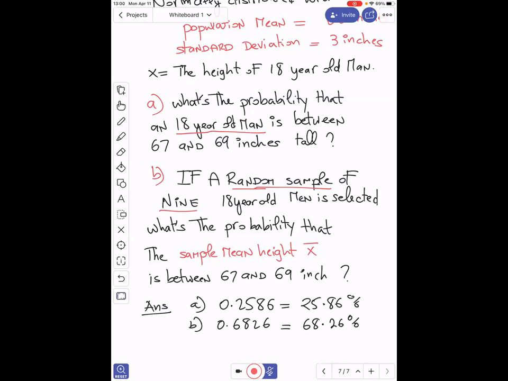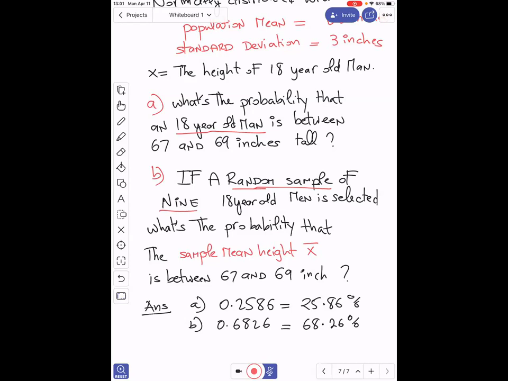In the next section, we'll see how to use the normal distribution to answer such a question, instead of using table number 2.